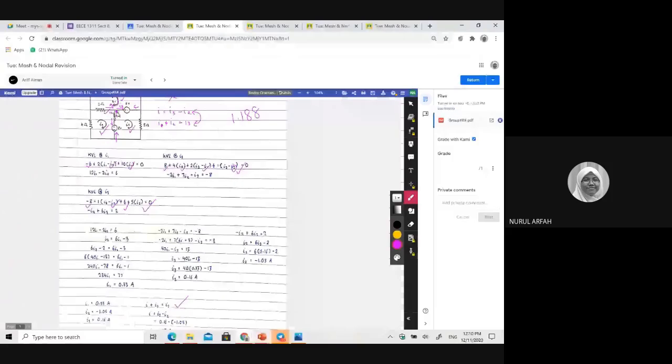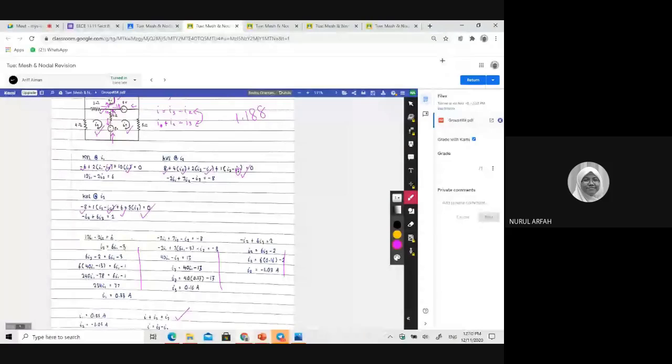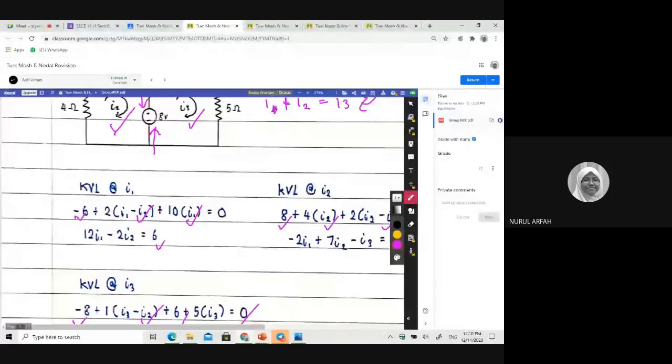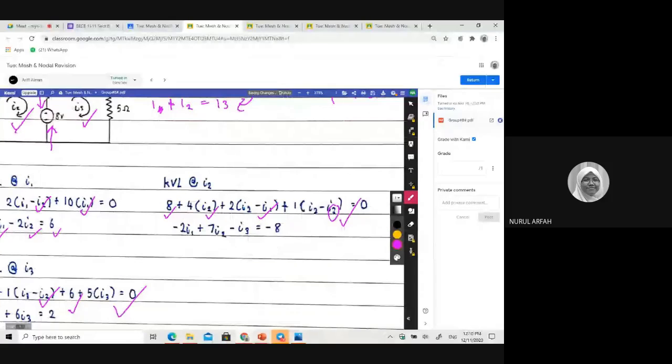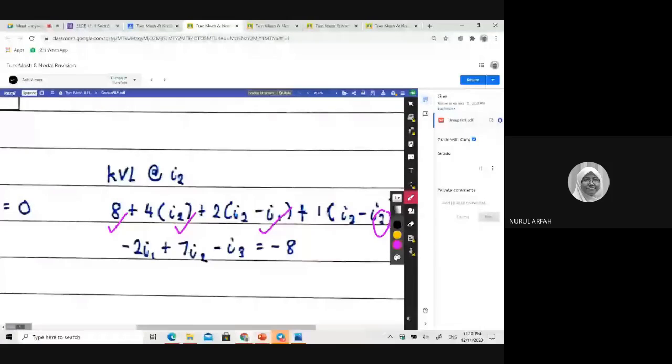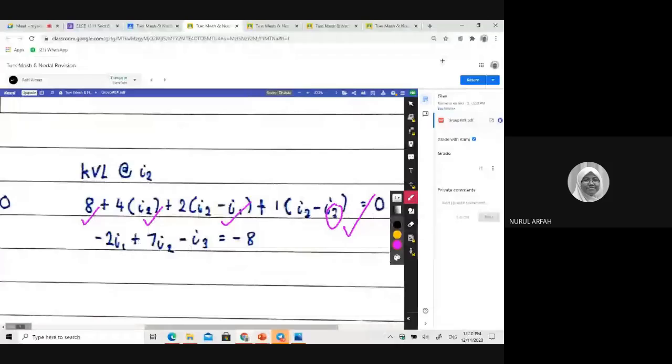Maybe something here. Okay, let me check here. This is 6, correct? 2 I minus 2 I2, and a plus. So this is 12, and yes, correct. This part, this is negative. And then you have 4 I2, 4, 6, 7.